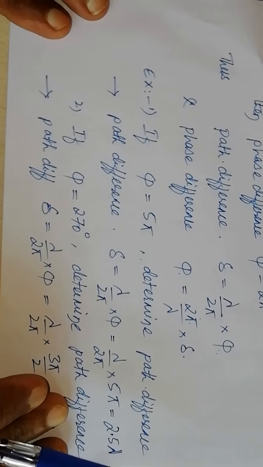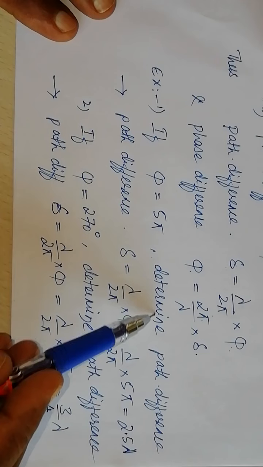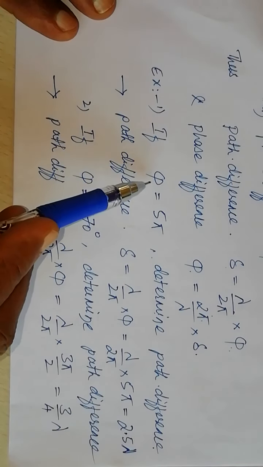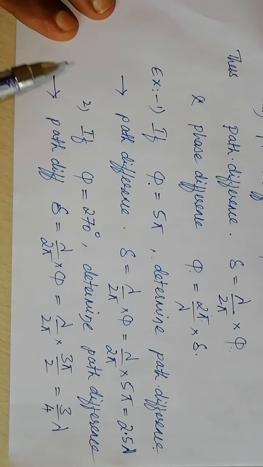For example, if the phase difference is 5 pi, determine the path difference. Phi is given, delta you are supposed to calculate. Phi is the phase difference, delta is the path difference.